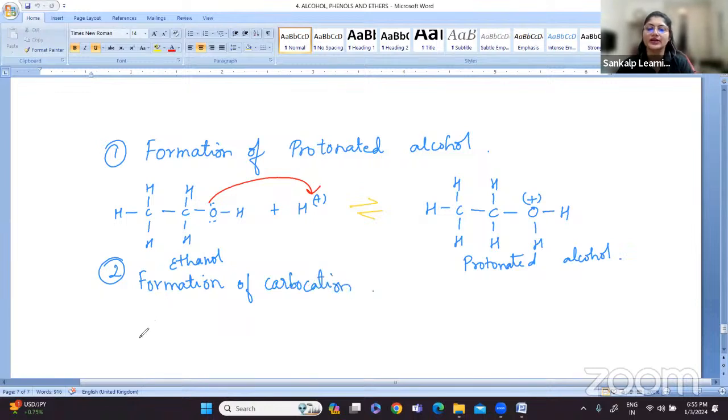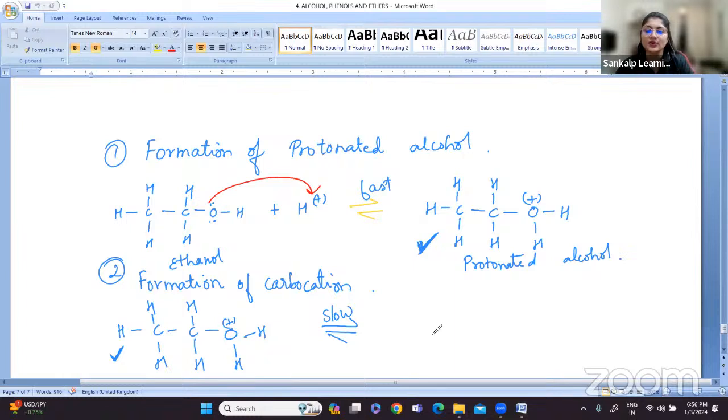So what will you write? Whatever product is formed in the first step, H, C, H, H, C, H, H, O plus, the same you have to write here. Now what will happen? The first step is a fast step. This is a slow step.